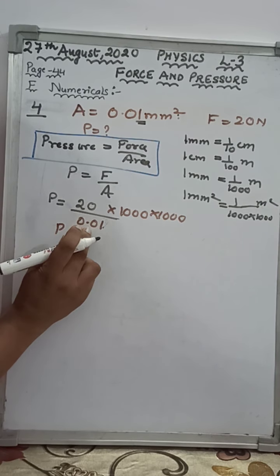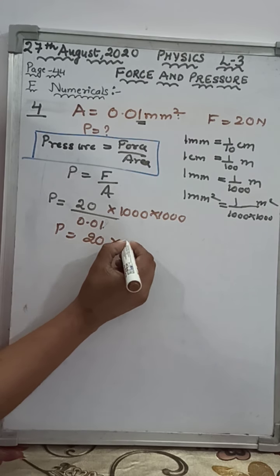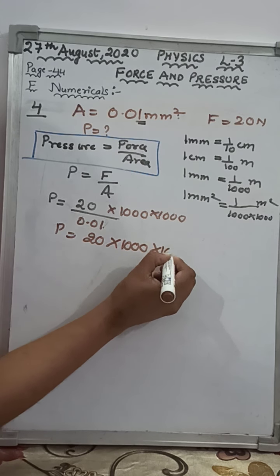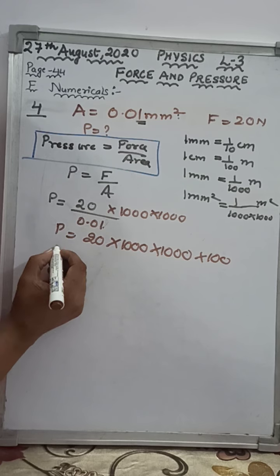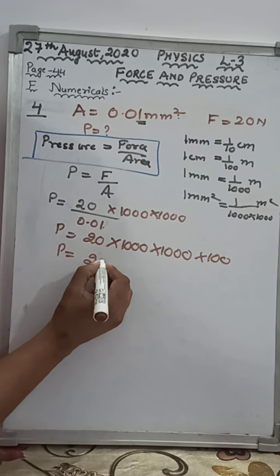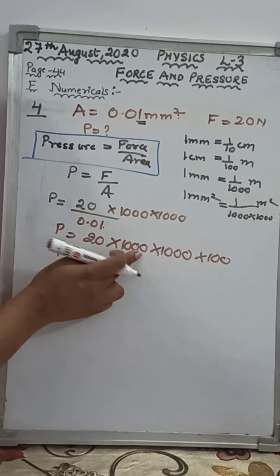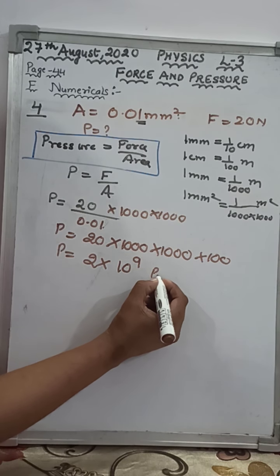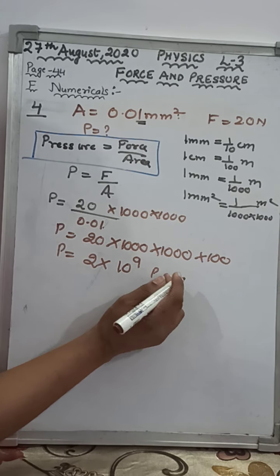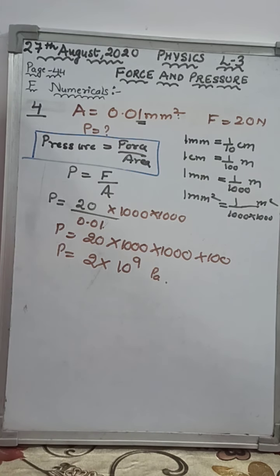So what you have to do? You will remove the decimal now. From the denominator, 2 more zeros. Clear? So pressure will be 2 into 10 to the power 9. So the unit is Pascal. Clear? This is the answer of numerical number 4.